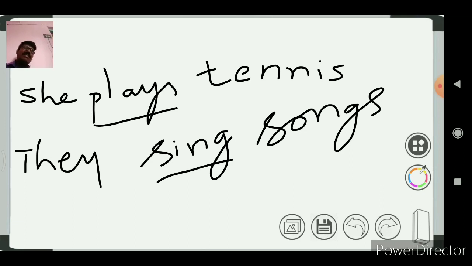Again, is it the main verb or the auxiliary verb? Yes, main verb. Action word or stative verb? Exactly, it is an action word. Very good. Now, one more sentence.